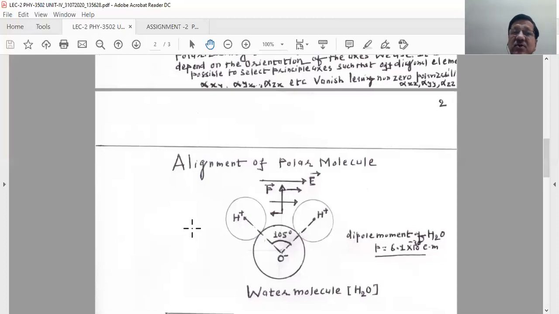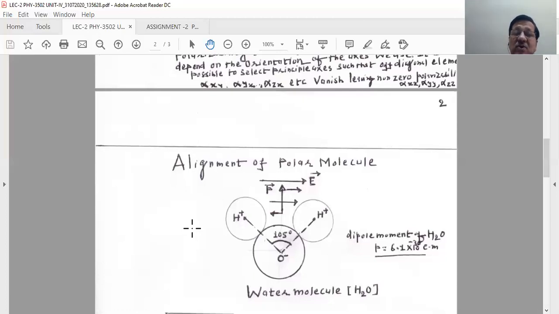So if you have a dipole, it possesses a dipole moment. So there is a permanent dipole moment. Those molecules which possess a permanent dipole moment are treated as polar molecules, and those molecules which do not have a permanent dipole moment are known as non-polar molecules.